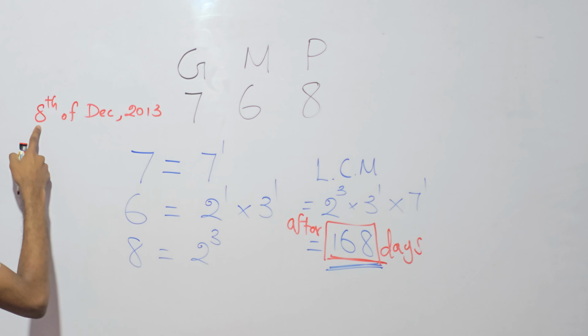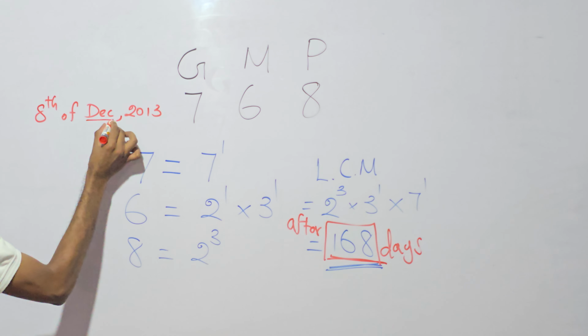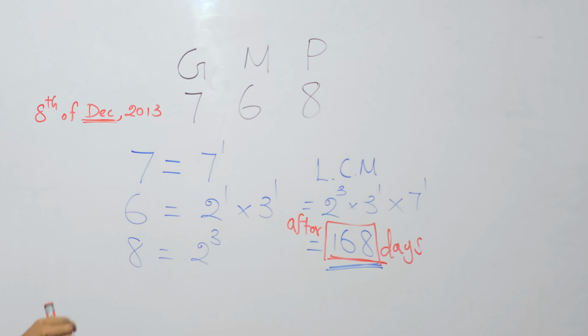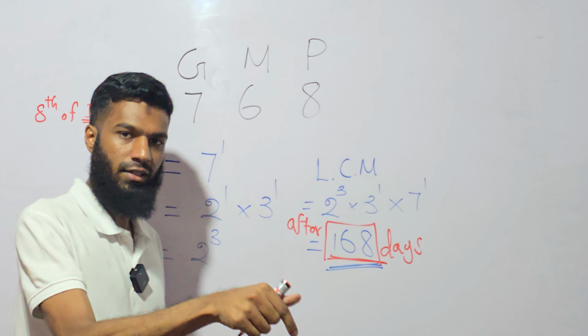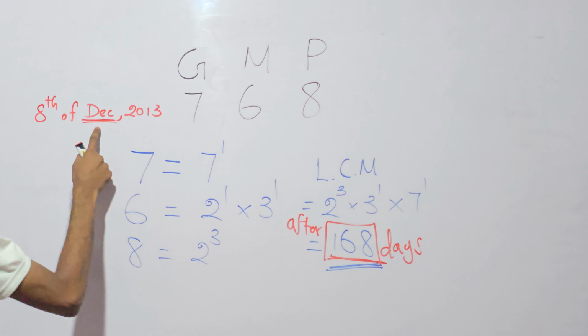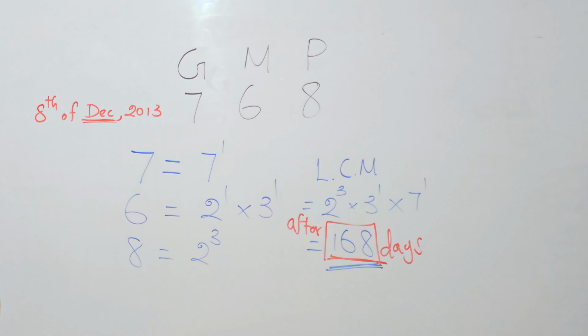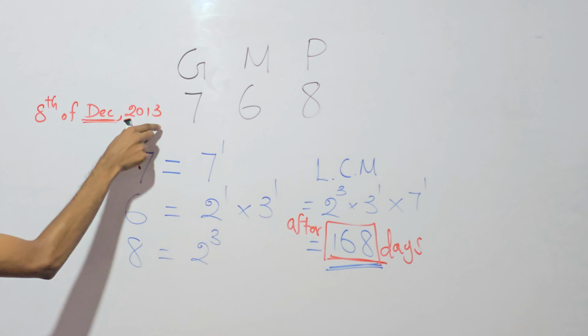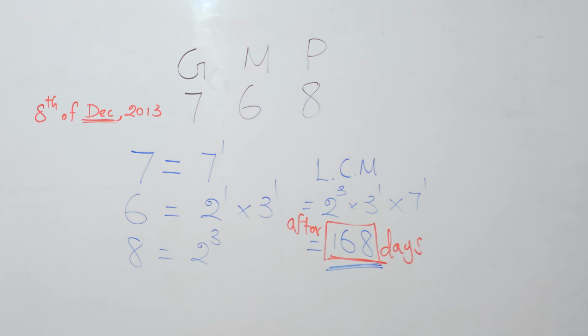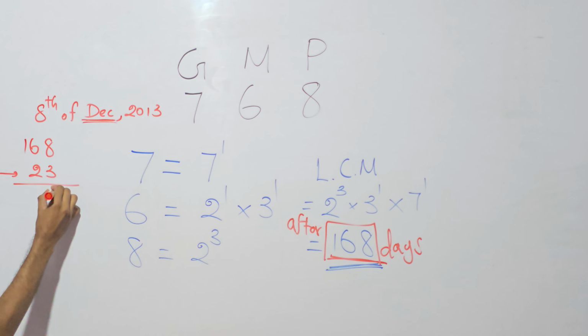Here it's the 8th. If I want to finish December, which ends on the 31st, I should add 23 to end this year. So 168, let me subtract 23. That gives 145.